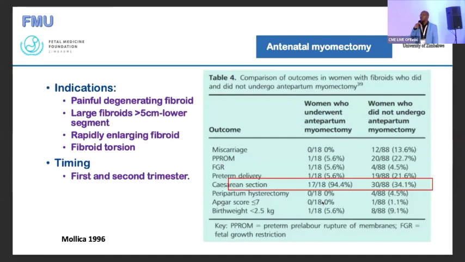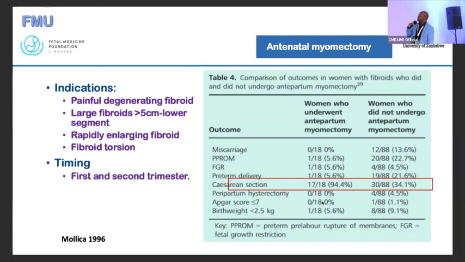So in patients with complicated fibroids, you may be forced to do antenatal myomectomy. It's not indicated unless there's an emergency. Ideally, it should be done after the first trimester or in the second trimester. It's very difficult to do it in the third trimester because of vascularity.